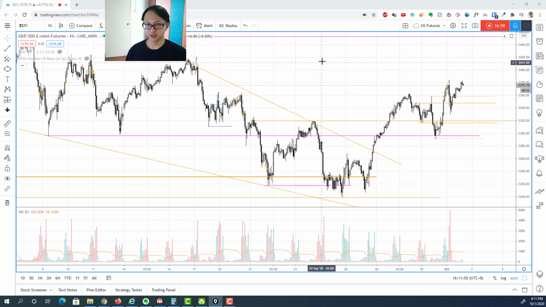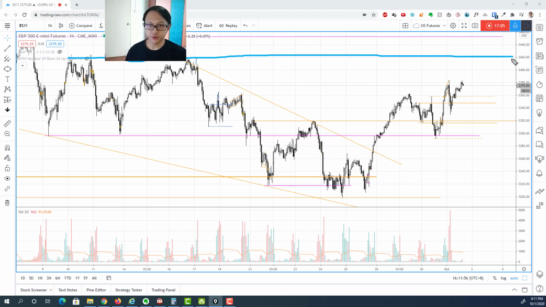so that you can maybe challenge the next target at around 34.20. So once you can break out, maybe you can go and challenge the 34.20 level.